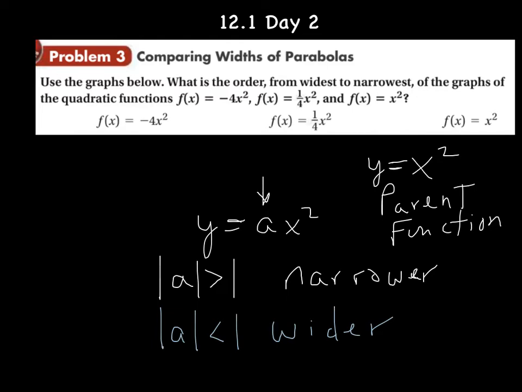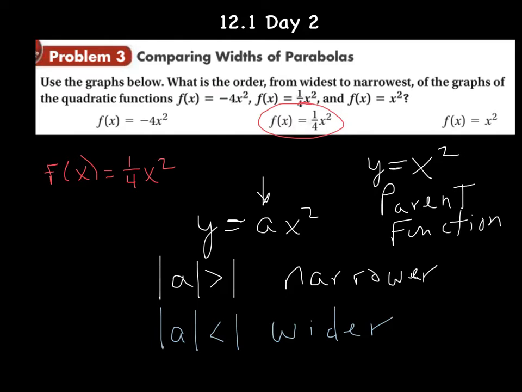And the smaller the fraction, the wider the graph will be. Okay? So if we look at these, this function in the middle here, that would be the widest. So our widest function would be f of x equals 1/4 x squared. That's the only one that has a fraction between 0 and 1.